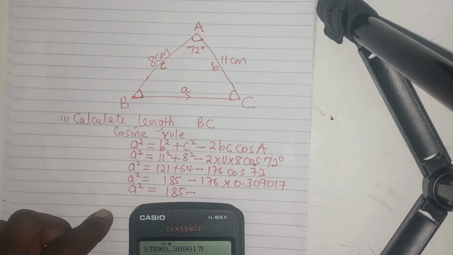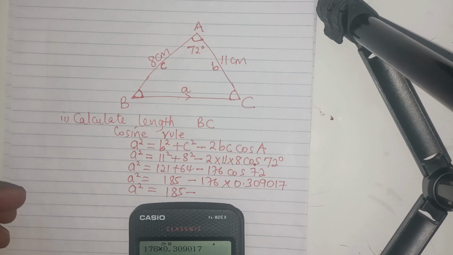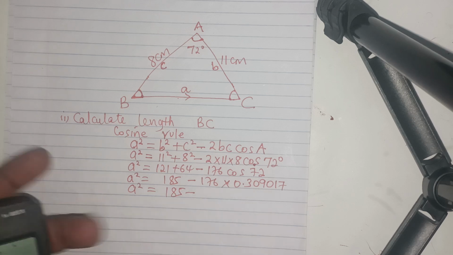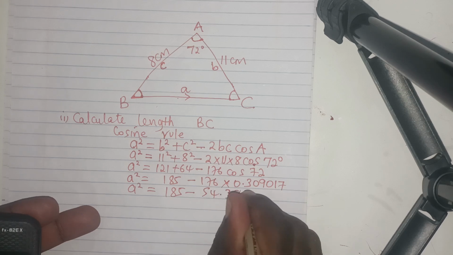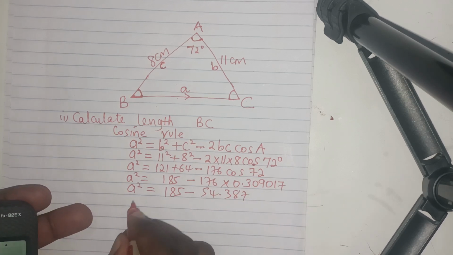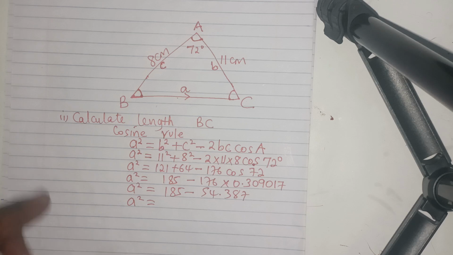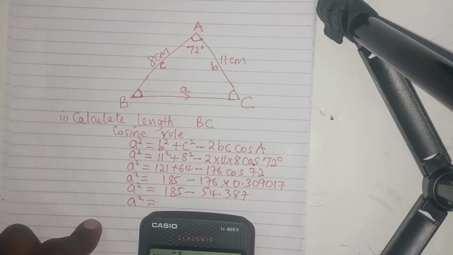I will get 54.3869, that's 54.387 to 3 decimal places. So I'll say a squared is equal to the difference between those two. So I'll have 185 less 54.387, which gives 130.613.